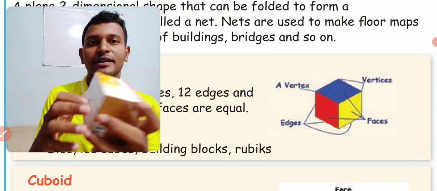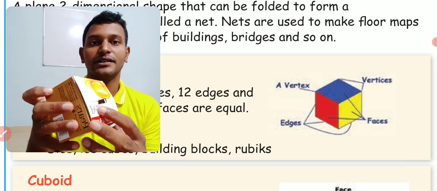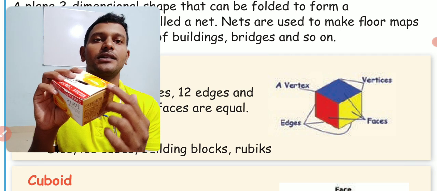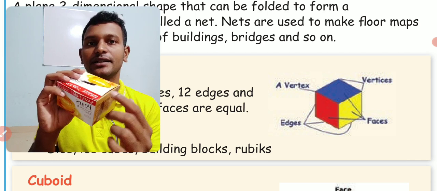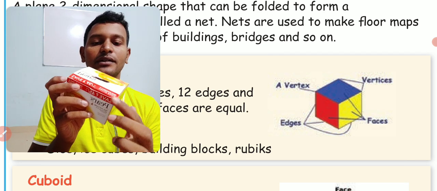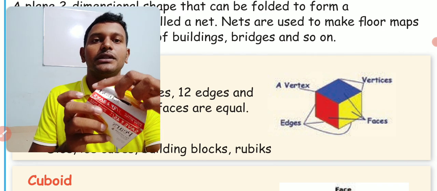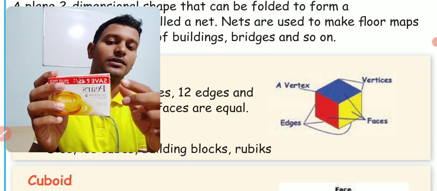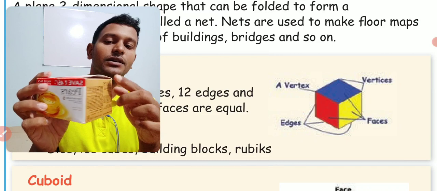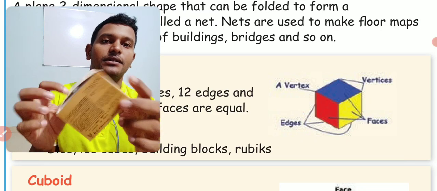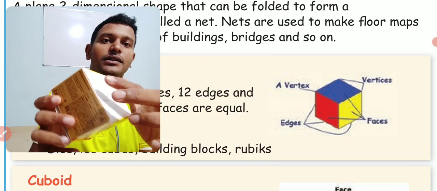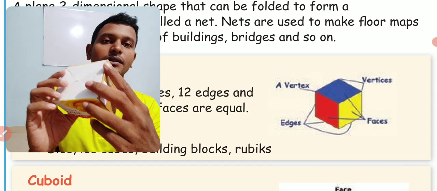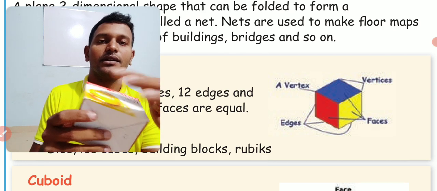Now I am going to find the edges, the corner lines. This straight line is called an edge. Now I am going to find 1, 2, 3, 4 and 5, 6, 7, 8, 9, 10, 11, 12.